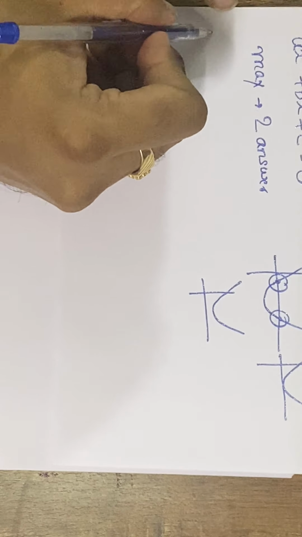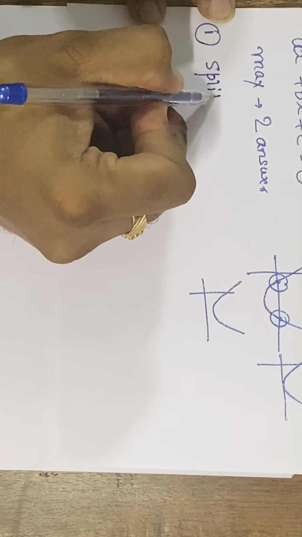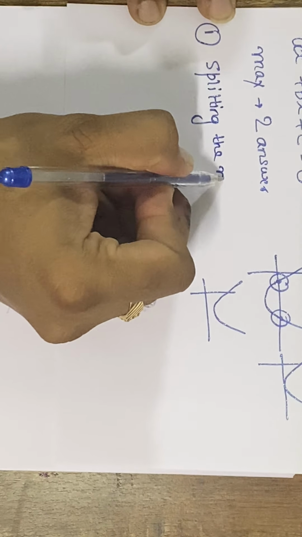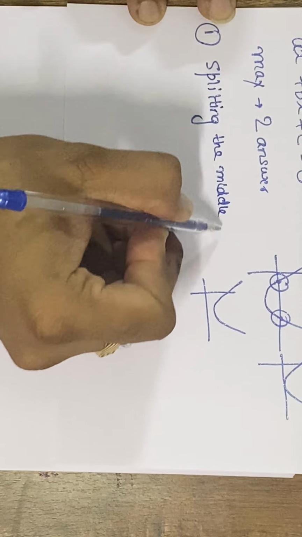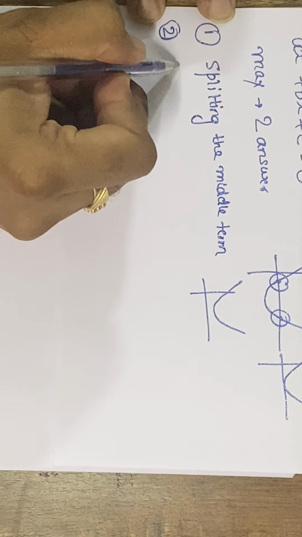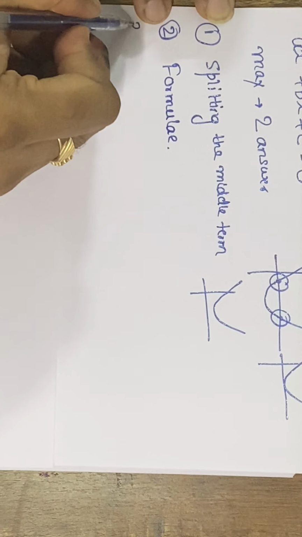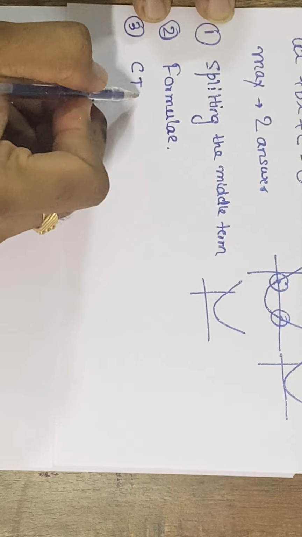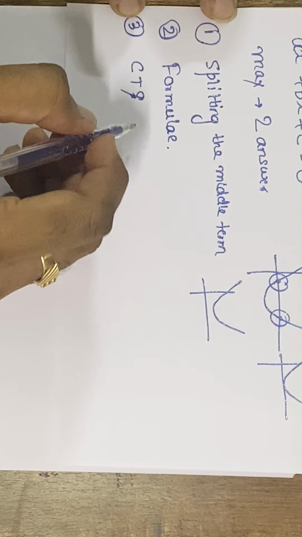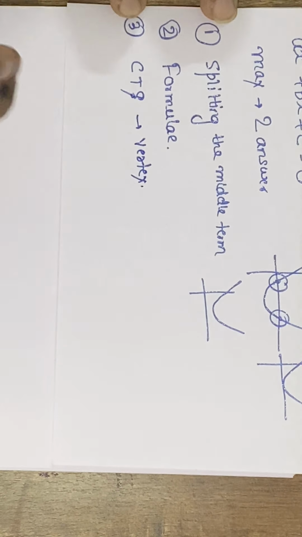The first one is splitting the middle term. The second method is the formula method. And the third one is the CTS method, which is completing the square. Now, I prefer the CTS method because it helps me to find the vertex of the quadratic equation.